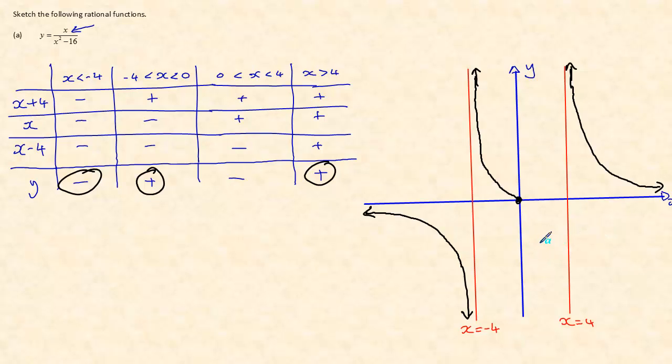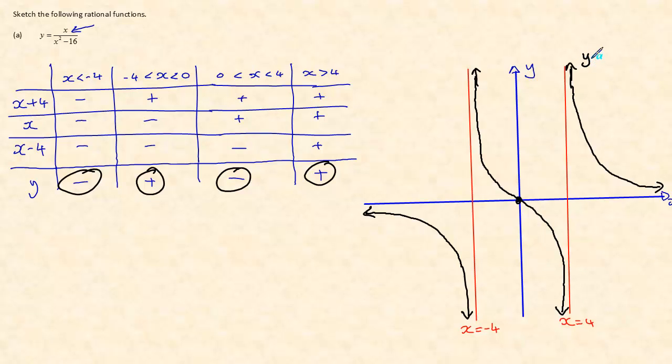Then in this region just here, between 0 and 4, it's negative. It's going to go off along the asymptote, so it's not going to look like that, but it's going to look very much like the bit above, so it's going to go like that.